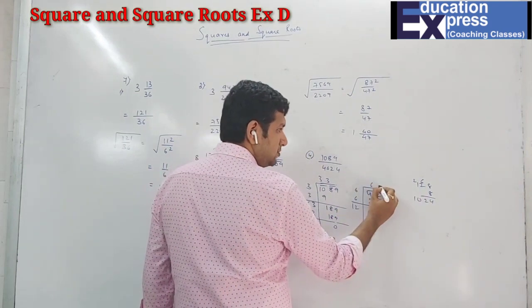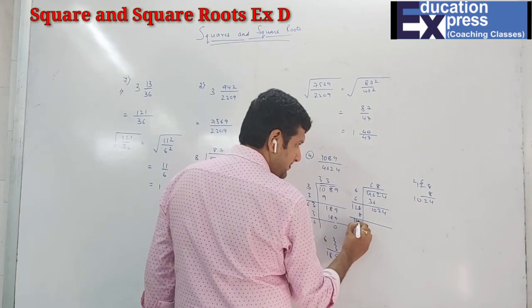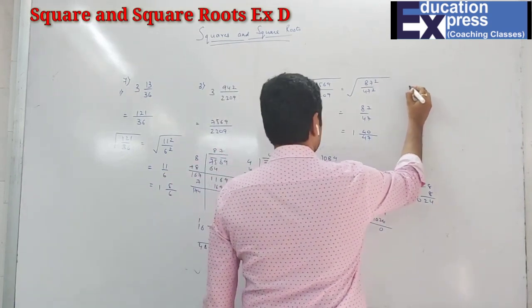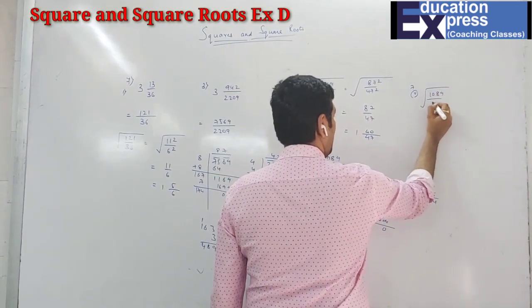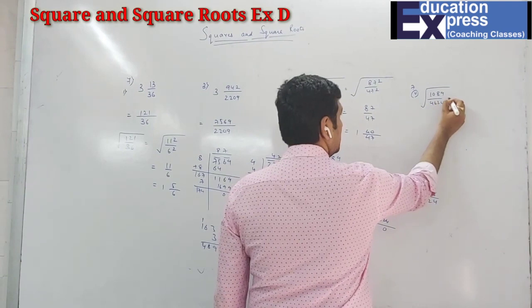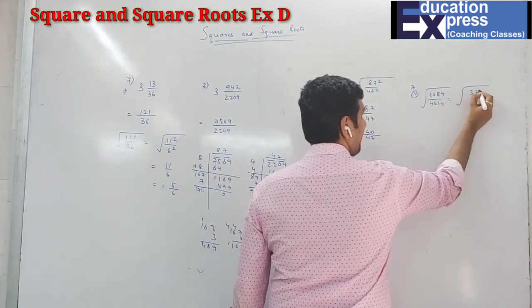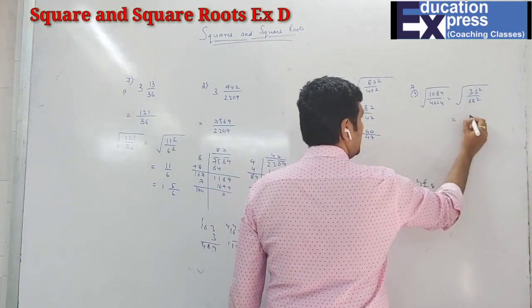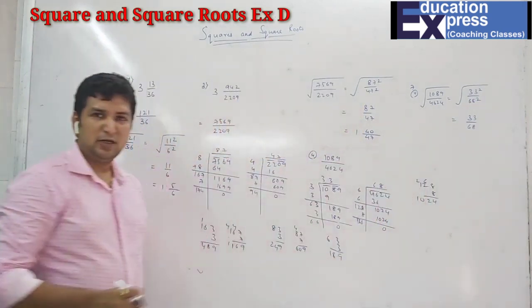So this is 68. So students, in the fourth part of 7, they have asked the square root of 1089 upon 4624, which is the square of 33 and the square of 68. So taking the square root, 33 upon 68. So question number 7 is also done.